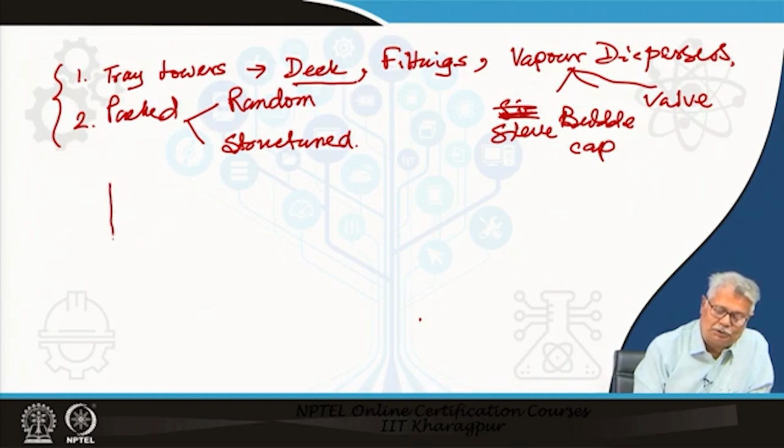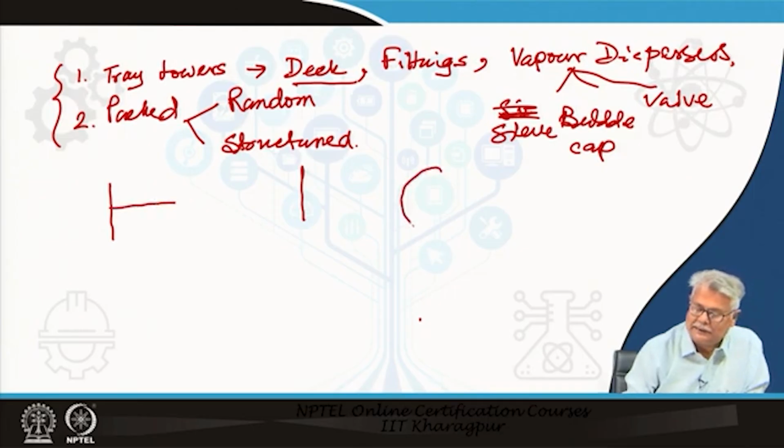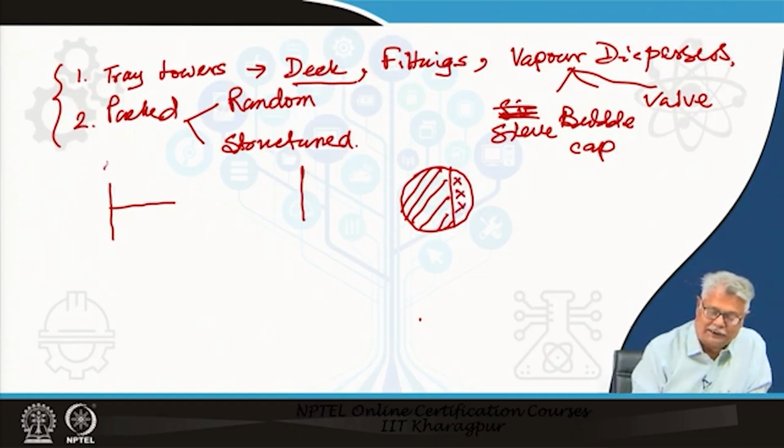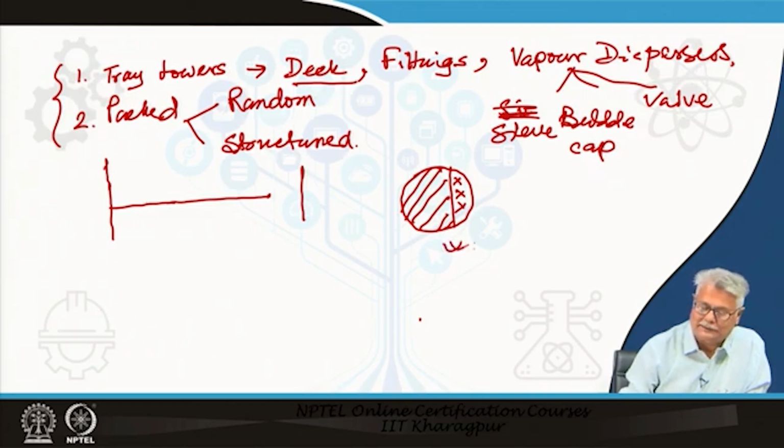If I want to show it schematically, a tray deck basically is not a complete circular disc. Only this part is present, and this is not there. If I take a plan, the plan should look like this.